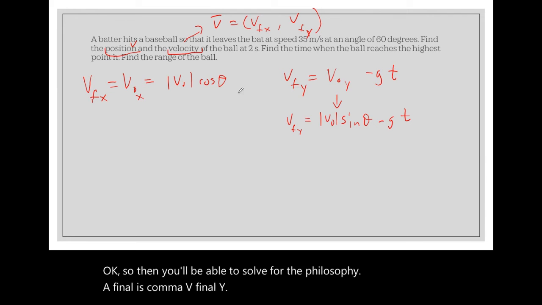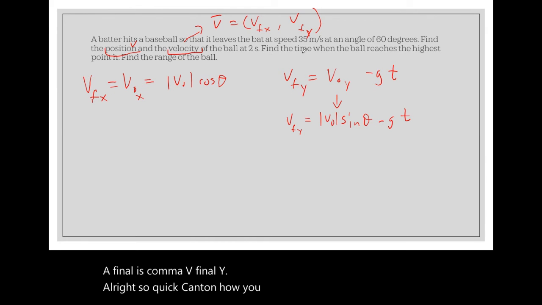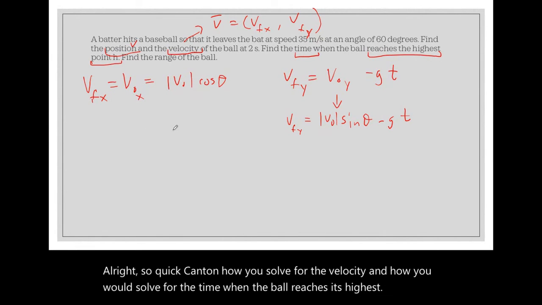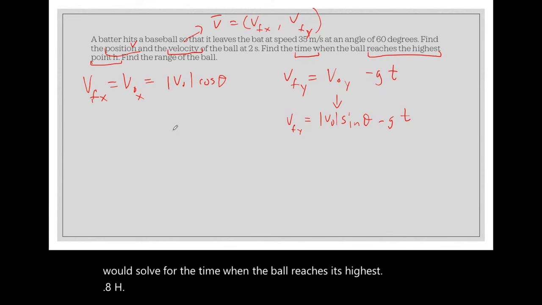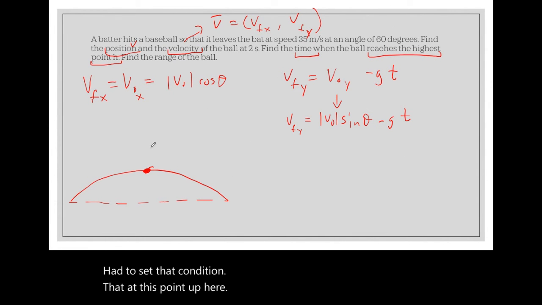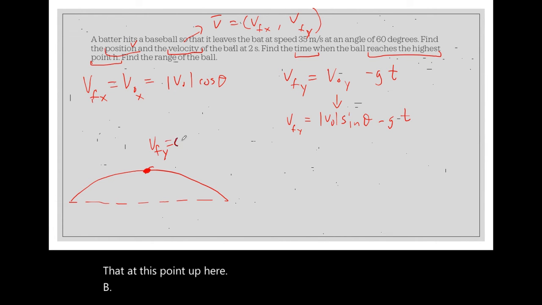Alright, so a quick hint on how you would solve for the time when the ball reaches its highest point h. Well, we'd have to set the condition that at this point up here, the final velocity in the y direction is equal to 0.